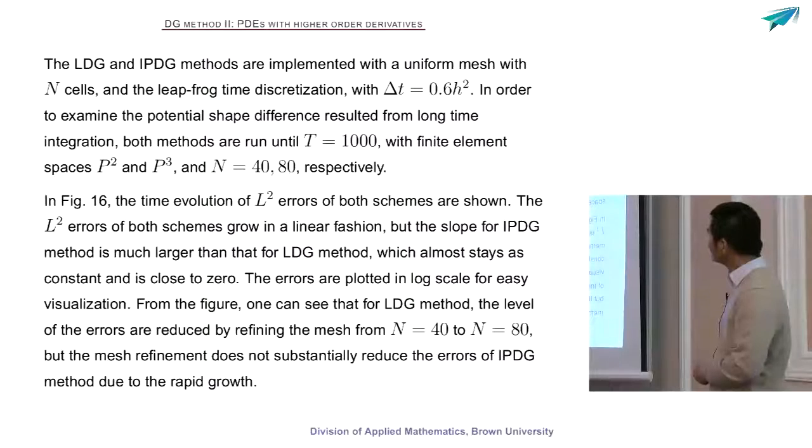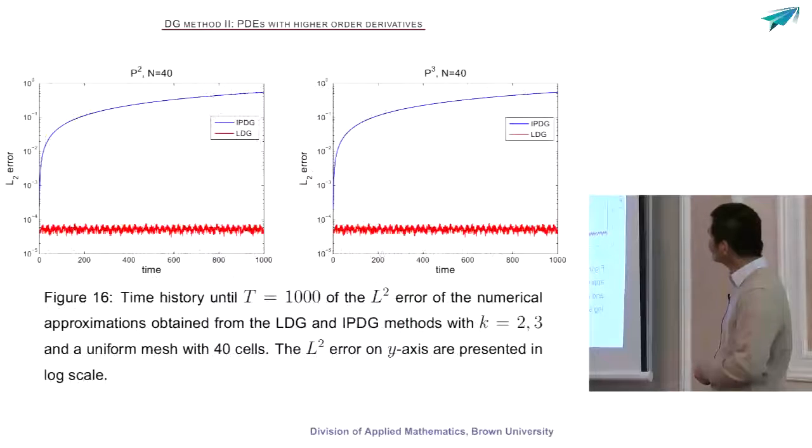And then you can see the comparison of our method, which is this guy, with some internal penalty DG. So this is the error accumulation in time. This is the same mesh. And this is the time variable, and we are plotting the L2 error with time.